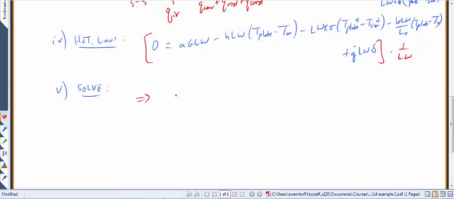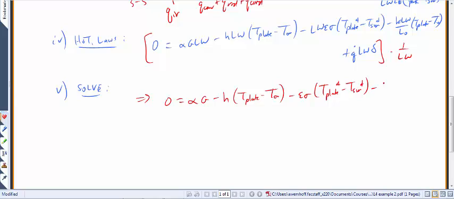So if we do that, we get 0 is equal to alpha times G minus H times T plate minus T infinity minus epsilon times sigma times T plate to the fourth minus T surroundings to the fourth minus K over L0 times T plate minus T0 plus Q dot times delta.